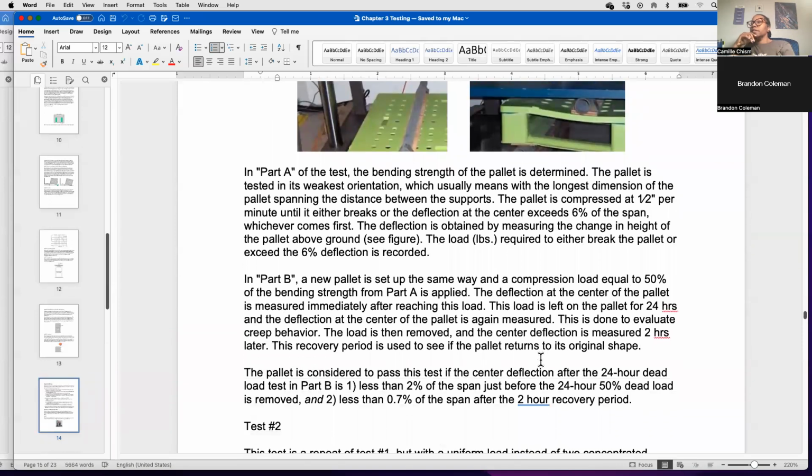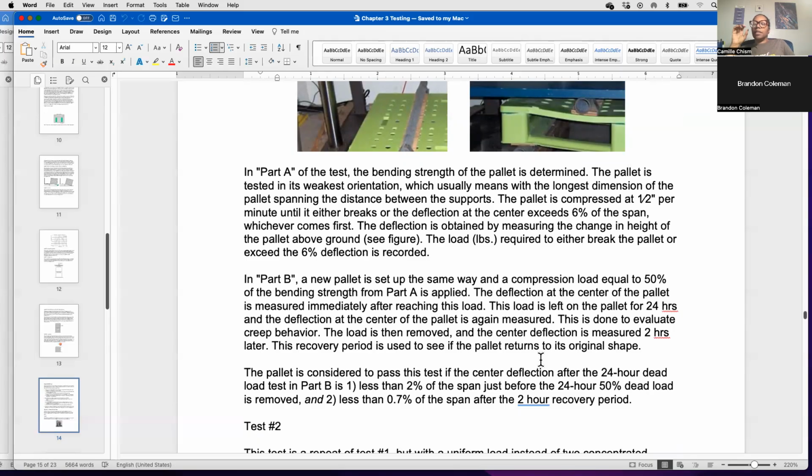The next part of this, you have your pallet, and you have the same setup, changing your deflection and the way you measure it, and you put the load up for a period of time.